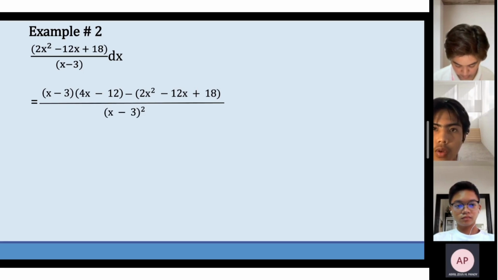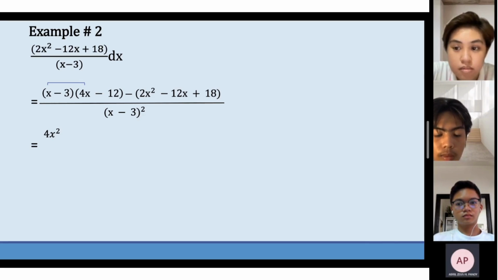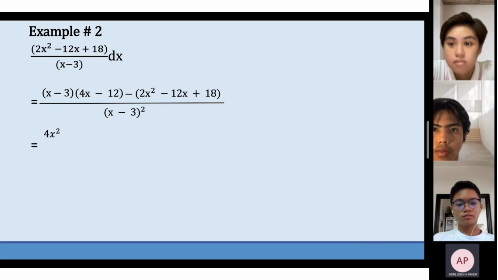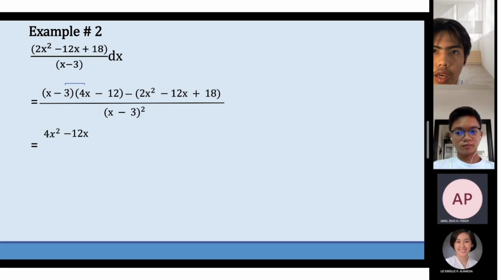And then solve. We can use the FOIL method in x minus 3 times 4x minus 12. So x times 4x is 4x squared. X times negative 12 is negative 12x. Then negative 3 times 4x is negative 12x.